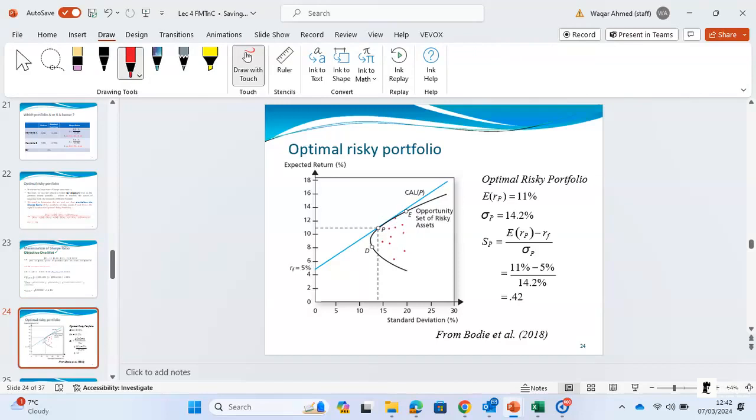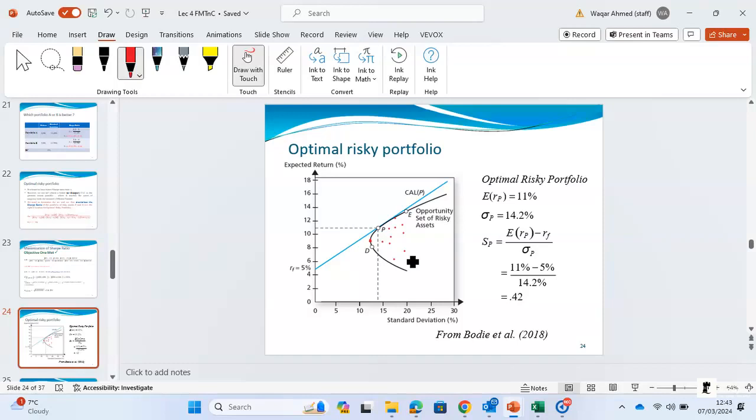Or you could have a portfolio here that would more likely be the minimum variance portfolio that has the least risk. So you can create a number of portfolios, but the optimal portfolio, given these two assets, stock D and E, is represented by point P. This portfolio will give you a return of 11%, and it has a risk of 14.2%.